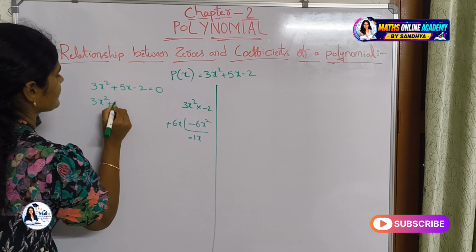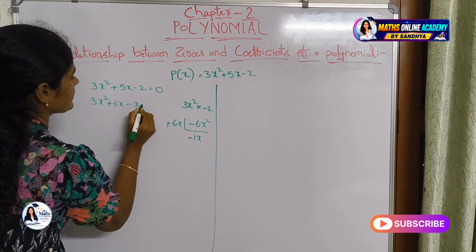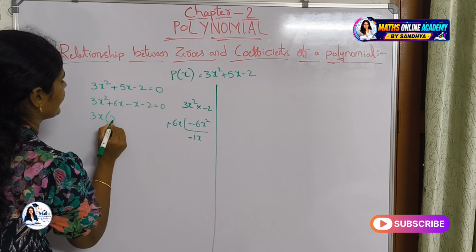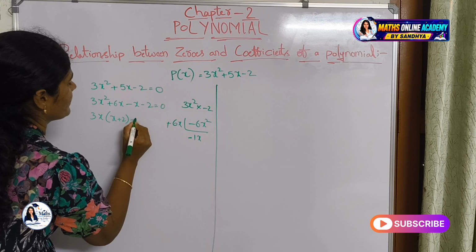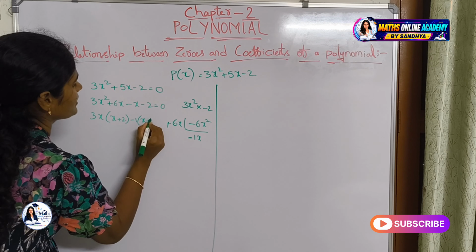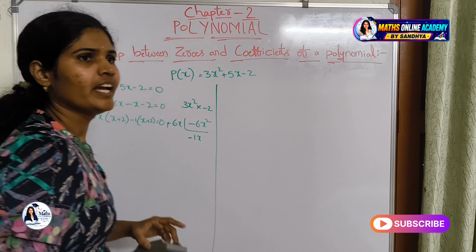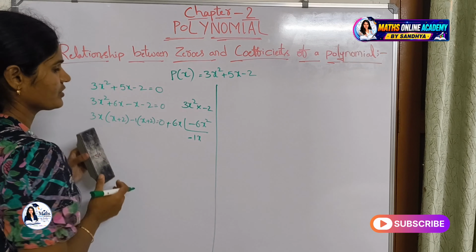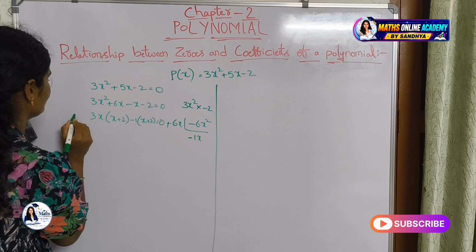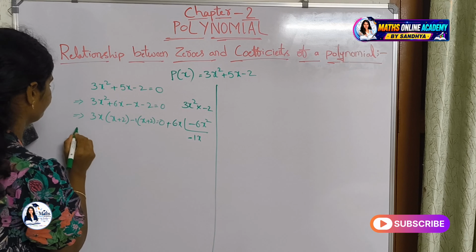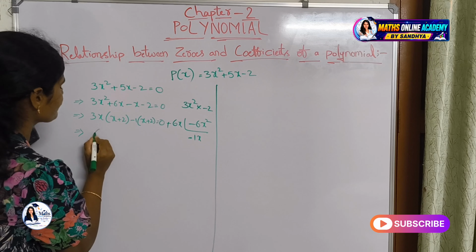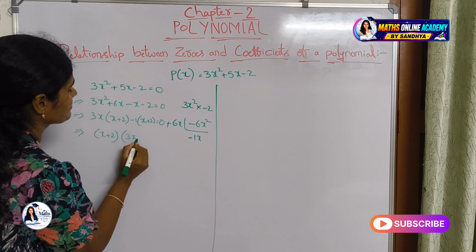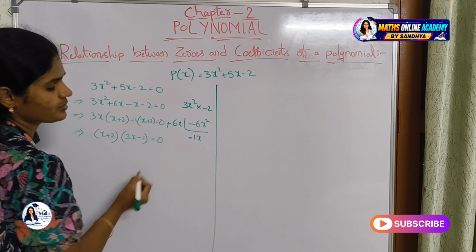3x square plus 6x minus x minus 2 equal to 0. If you take 3x common, x plus 2 minus 1, x plus 2 equal to 0. Here you take x plus 2 common, so x plus 2 and 3x minus 1 equal to 0.